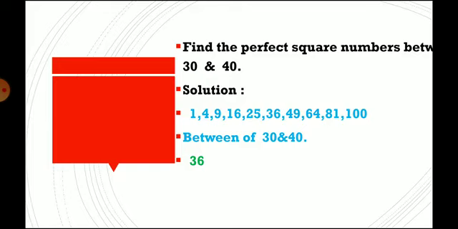Which number comes between 30 and 40? 1, no. 4, no. 9, no. 16, no. 25, no. 36, yes. The next number is 49, which is more than 40. So the number between 30 and 40 is 36 only. This is called a perfect square number.